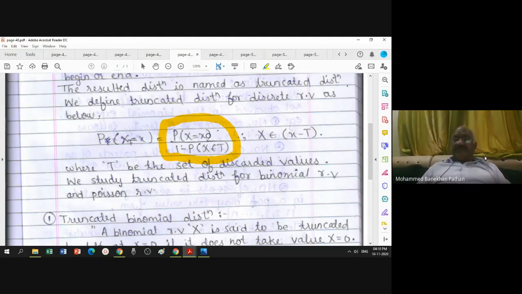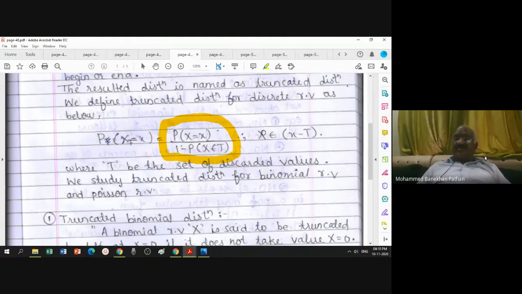If your random variable follows binomial, on the top I will write the binomial formula. If the original random variable follows Poisson, I will write the original Poisson formula in the numerator. What is the denominator? It is 1 minus the probability that X belongs to the truncated set. That means here we take the truncated values, which are not observed, in the denominator.